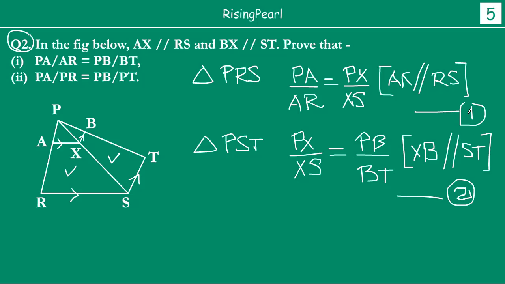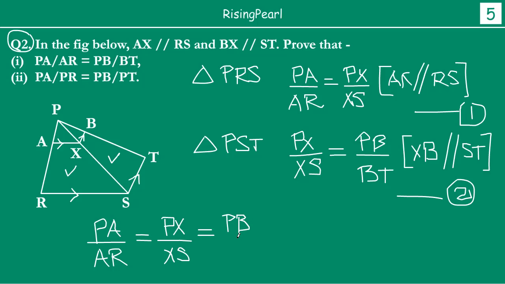So if you look at condition number 1 and condition number 2, or equation 1 and equation 2, you have PA by AR. Let's write it here. You have PA by AR, right? This ratio is equal to PX by XS, which is equal to PB divided by BT. So I have three ratios which are the same.